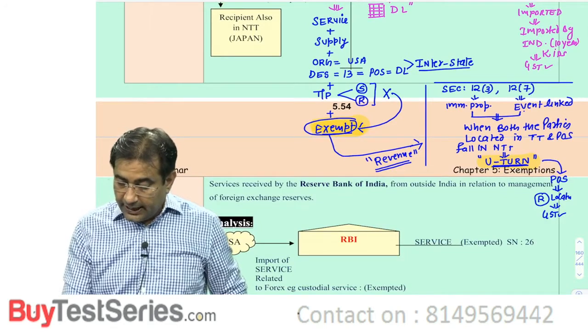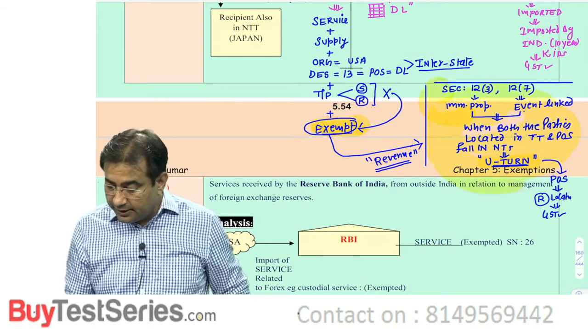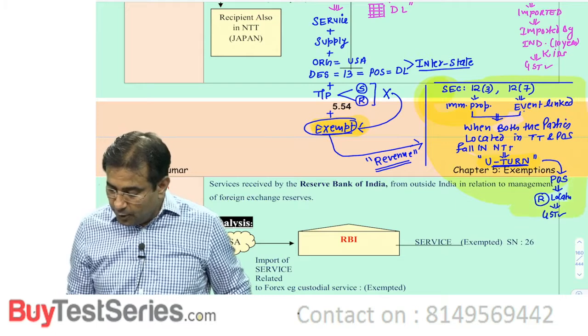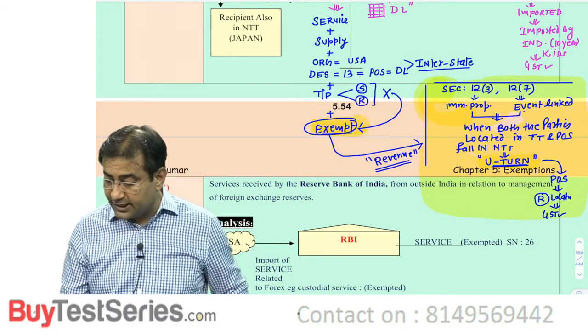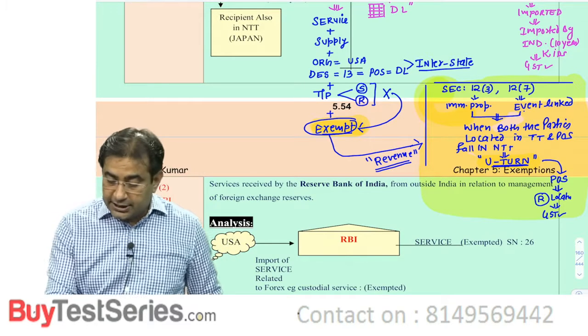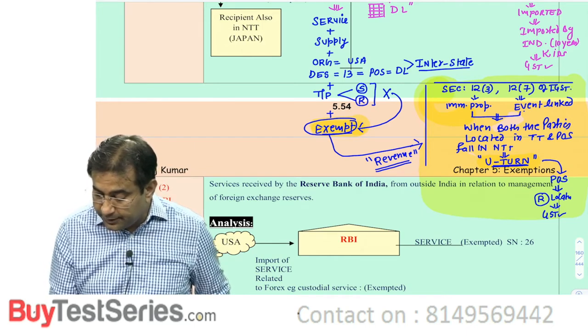Is it okay? And what is the reason for this exemption? This is the reason for the exemption, that government is not able to collect, and practically government takes revenge of this exemption under section 12.3 or section 12.7 of the IGST Act at the place of supply.